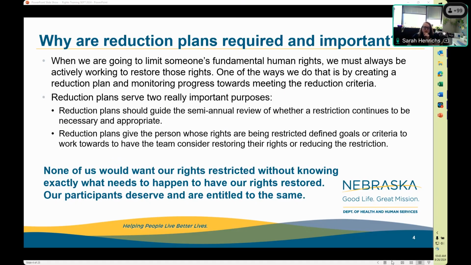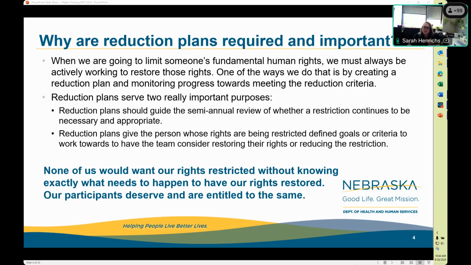Okay. So that's why I wanted to start with why this is important, because if we really understand why it's important and we really truly believe that all of our participants do genuinely have the same rights as all of us, regardless of their disability, and that they are entitled to protections around their rights the same way we would want for ourselves, it gets a lot harder to view this as just a box to check.